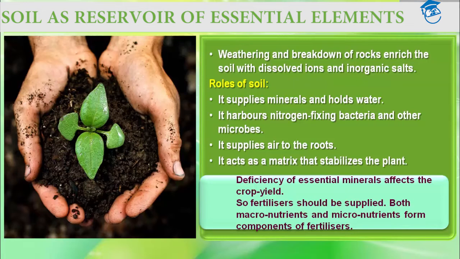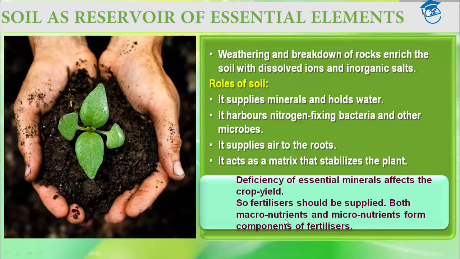And since deficiency of essential minerals affects the crop yield, there is often a need for supplying them through fertilizers. So fertilizer should be supplied to fulfill the deficiency of essential minerals that affects the crop yield. Both macronutrients and micronutrients form components of fertilizer, and fertilizer can be applied as per the need. What are macronutrients?